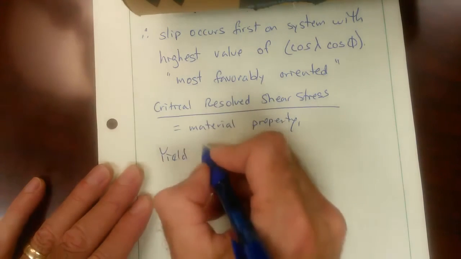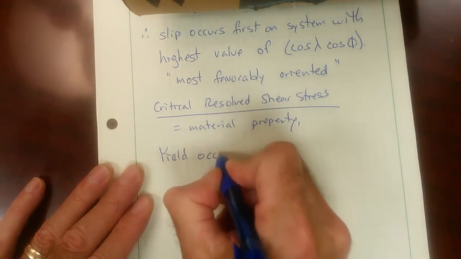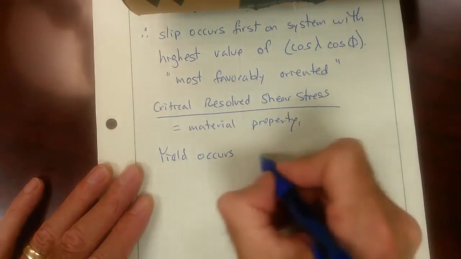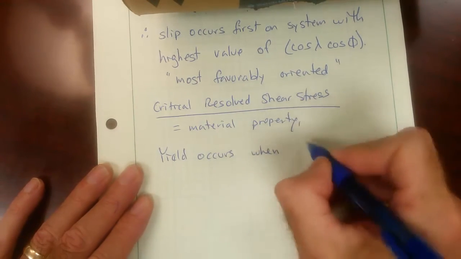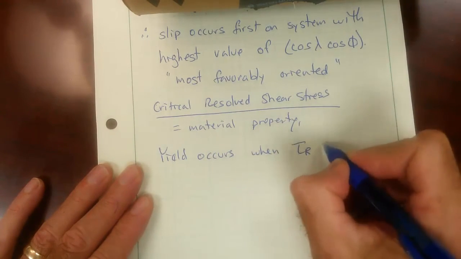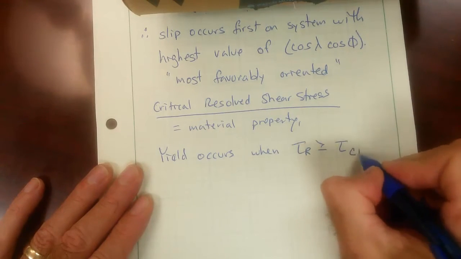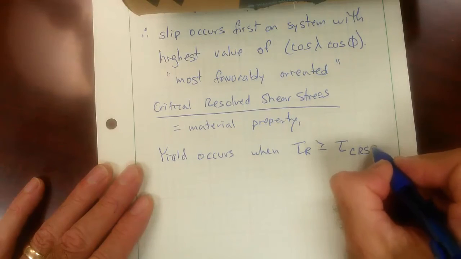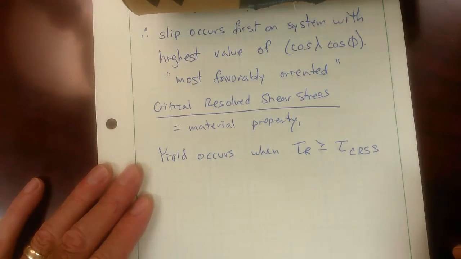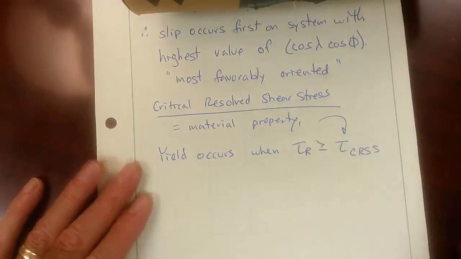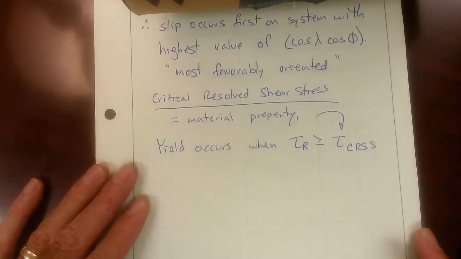And it results when yielding occurs. And yielding occurs when the resolved shear stress reaches or exceeds the critical resolved shear stress. And that is the critical resolved shear stress.